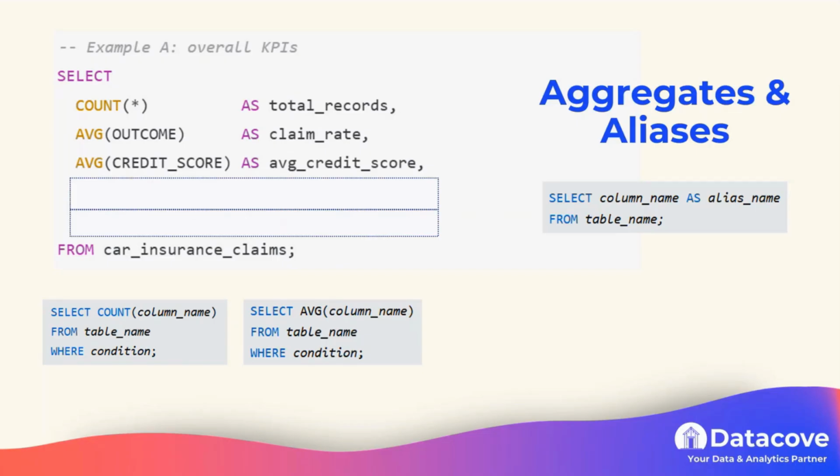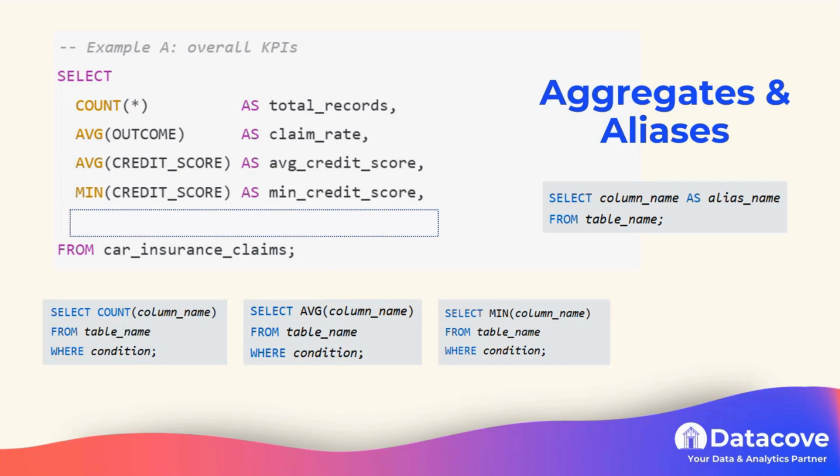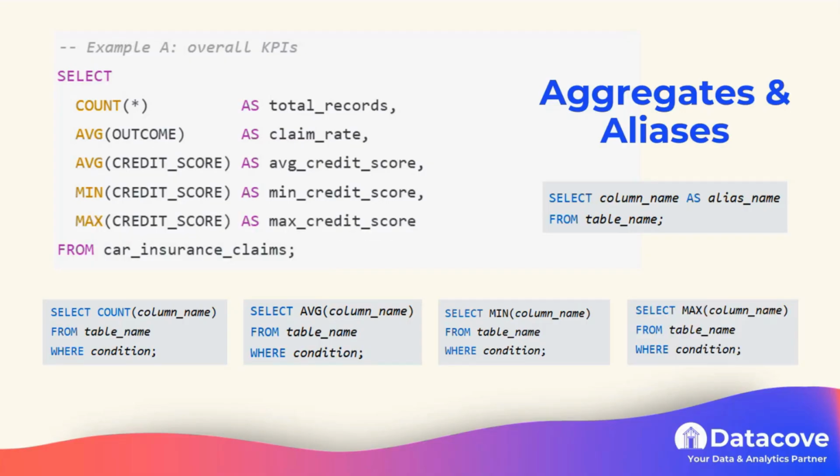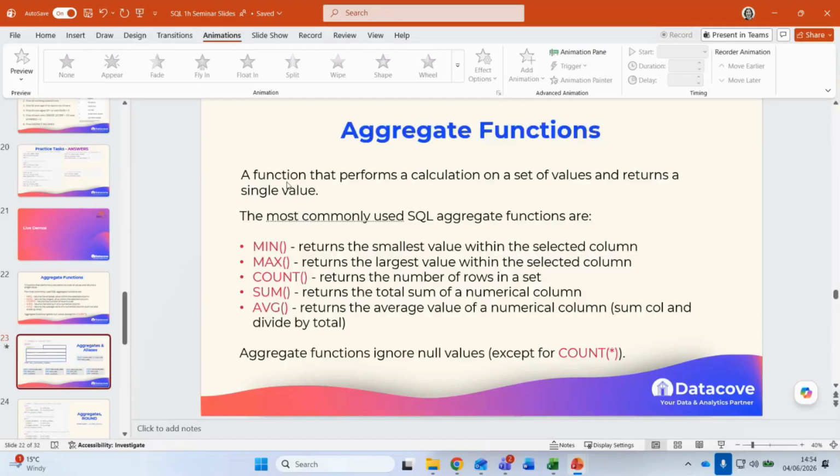Or I can average the credit score and give it a new alias as average credit score. If I wanted to select a minimum, for example, you just type in select minimum of the credit score. Again, we can give it an alias so that it's very clear as a header what it means, and maximum could be the same as well. So let's try some of those, shall we?